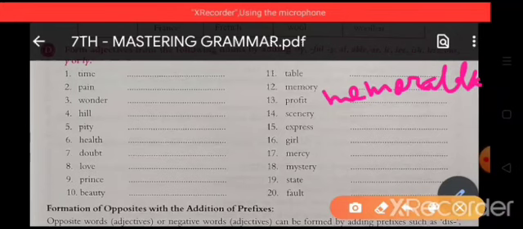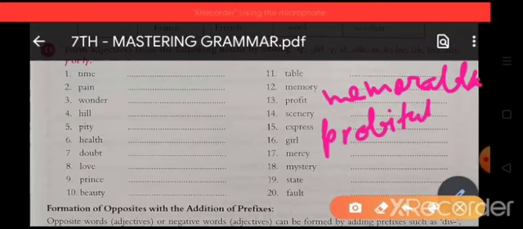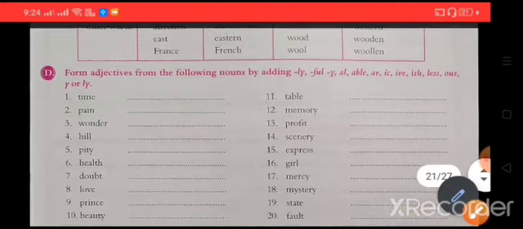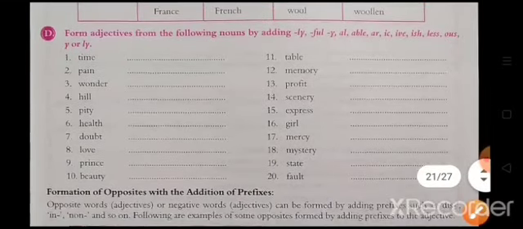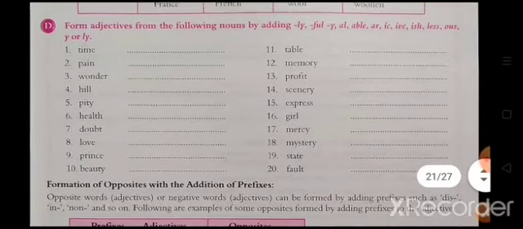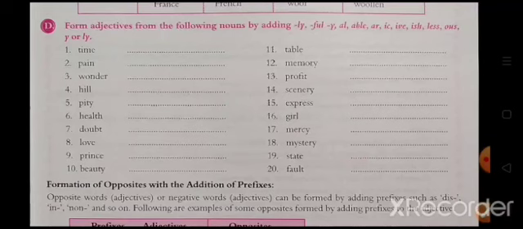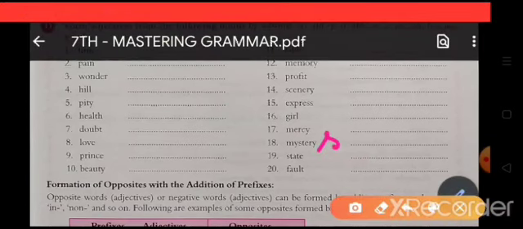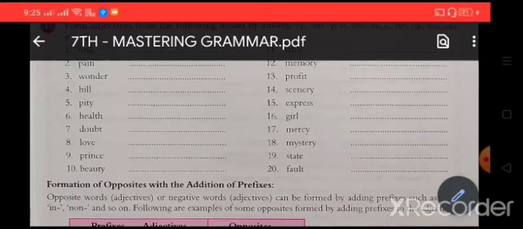Profit, profitable. Scenery, scenic. Express, expression.